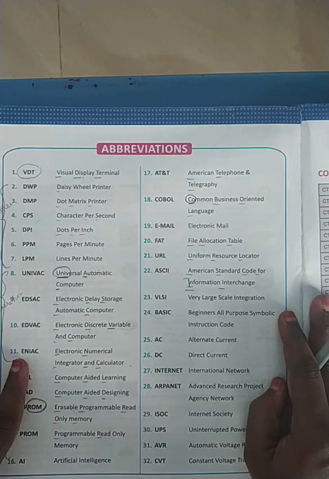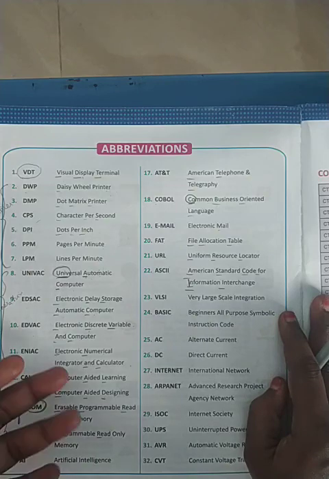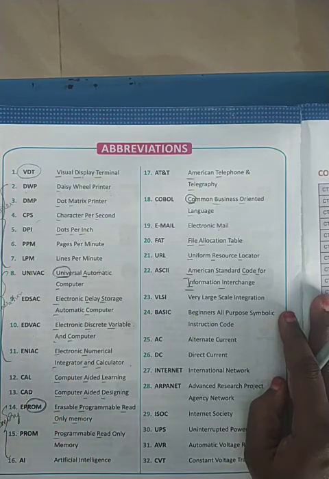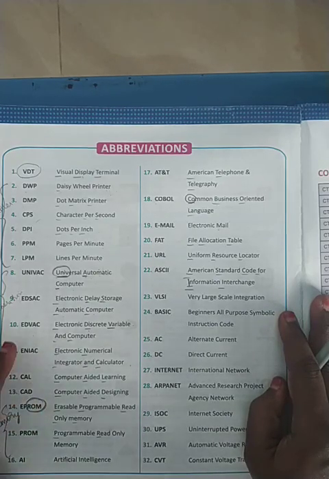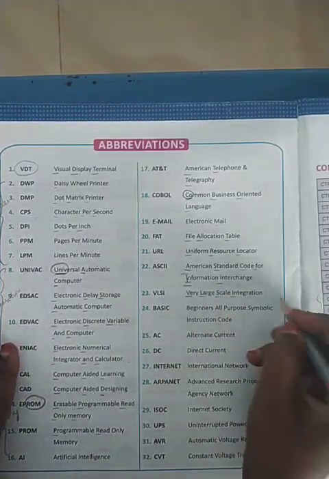If you open the mobile phone, you will be having a small slot for the memory, small slot for inserting the SIM card, all this. So the sizes are coming very, very less. So the sizes are becoming small because of this VLSI technology, Very Large Scale Integration.